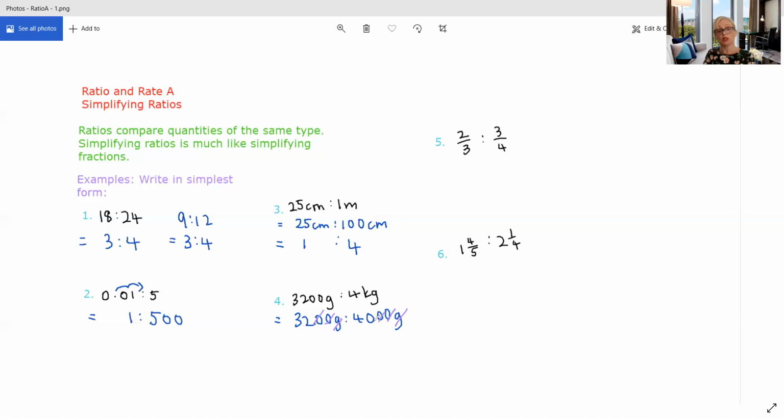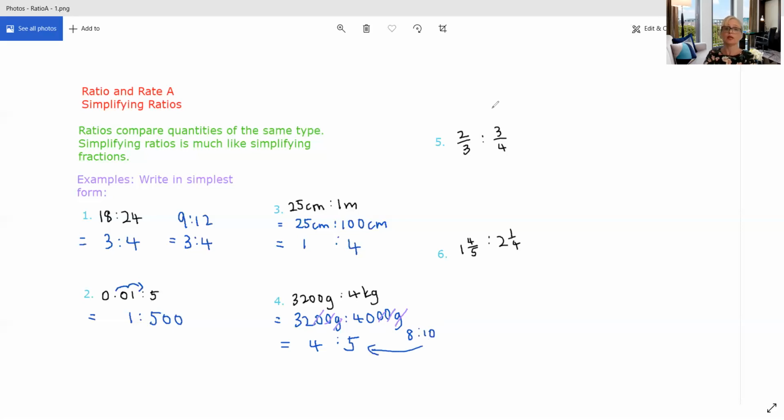Then we've got 32 to 40. What can go into 32 and can also go into 40? Well, 8 will go in 4 times into 32 and 5 times into 40. If you divided by 4 first, that's fine. You would have got 8 is to 10, as long as you then keep going until you get it into simplest form.